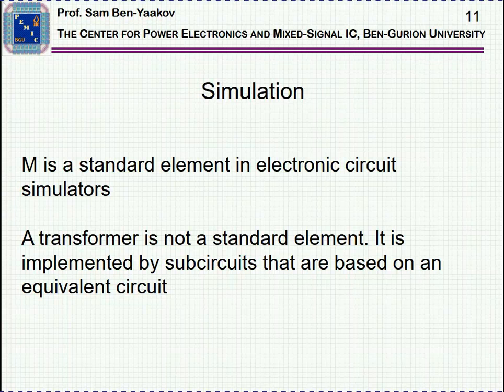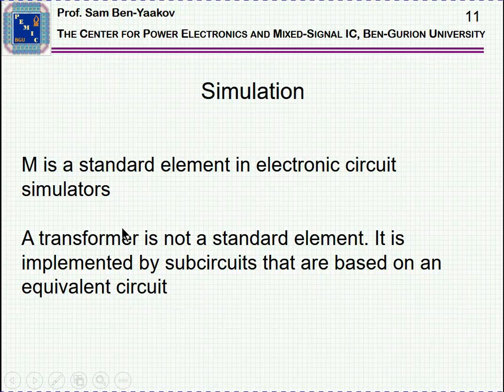Now, many times, of course, we would like to simulate a circuit like a power converter in which we have coupled windings on a core. And there are, of course, two ways to go, the mutual inductance or the transformer representation. It's very important to realize that electronic circuit simulators have only the mutual inductance, M, as an element that is recognized by the simulator because it is a basic element of circuit analysis.